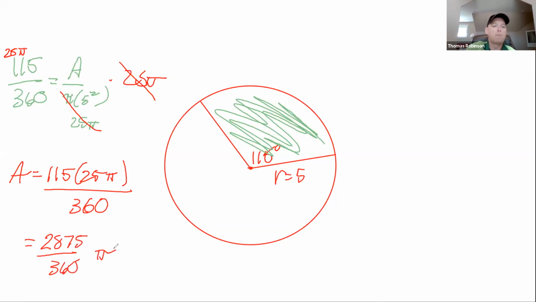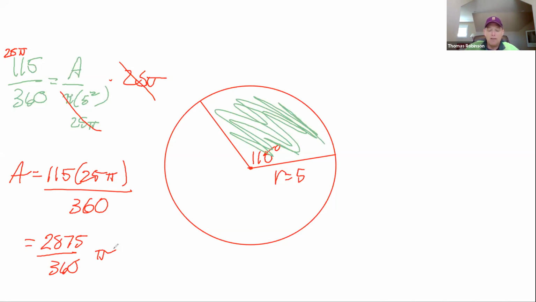And then the pi. So you're going to have pi in a lot of your answers here, but what do you do with 2875 over 360? If I divide by 360, I get some funky, weird fraction that I don't want to deal with. So the best I can do is start dividing this and reducing this as far as I can. And I would reduce it maybe by 5.